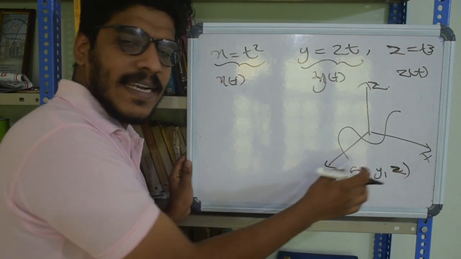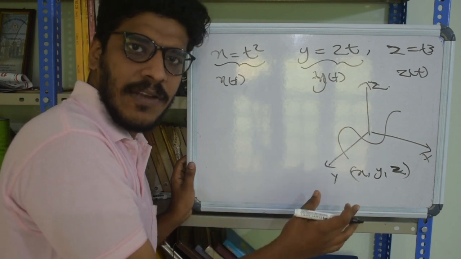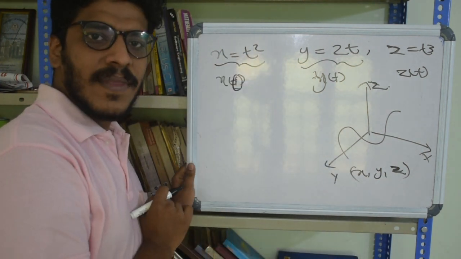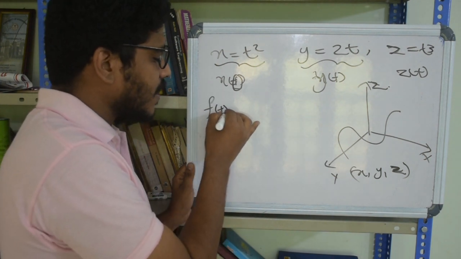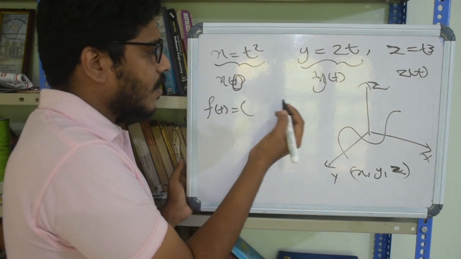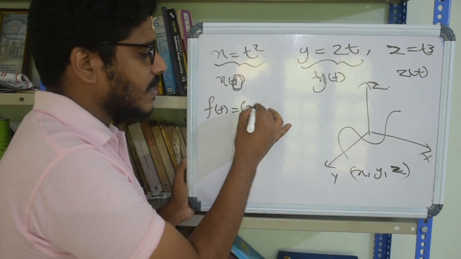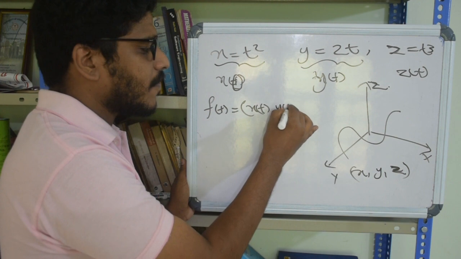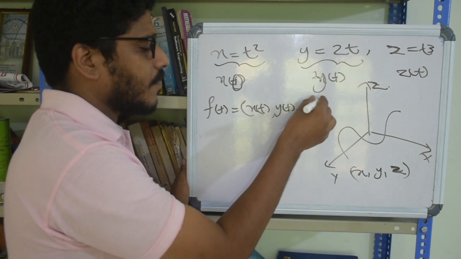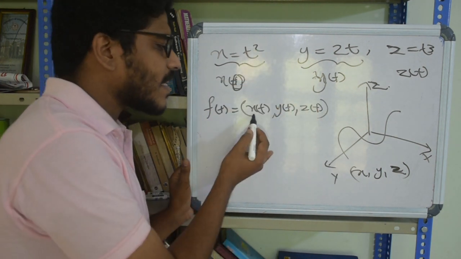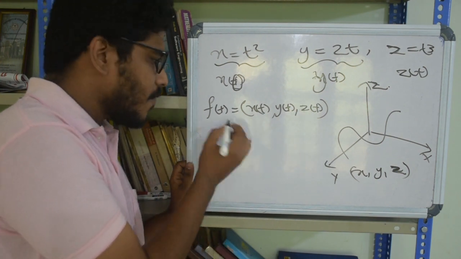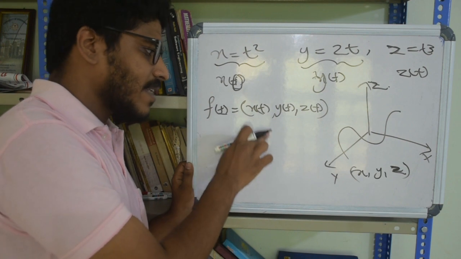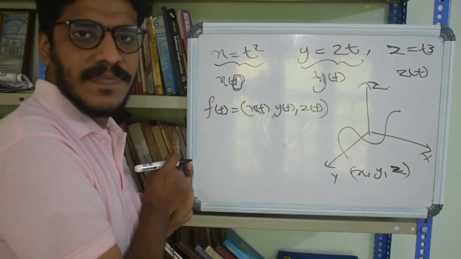But instead of directly changing x, y and z values, we use an intermediate parameter t. Remember our former expression f of t equal to t squared, 2t, t cubed. So x of t is t squared, y of t is 2t, z of t is t cubed. Instead of directly changing x, y and z, we use a parameter t, and as t changes, x changes, y changes and z changes.